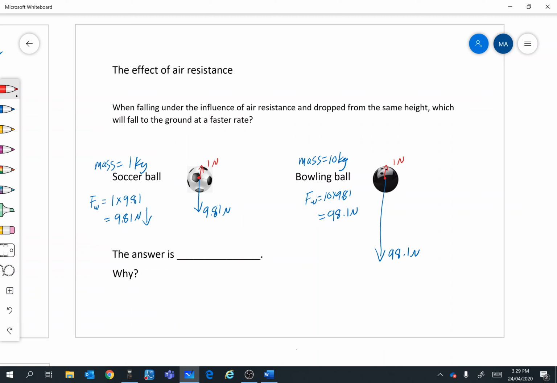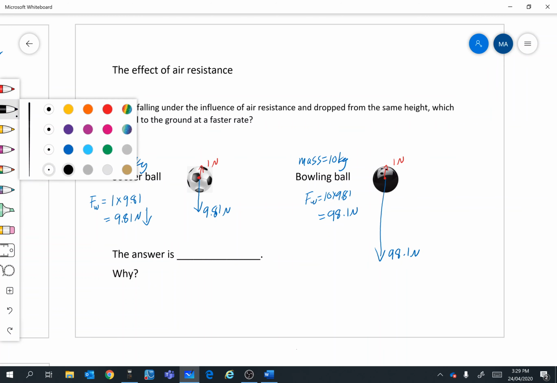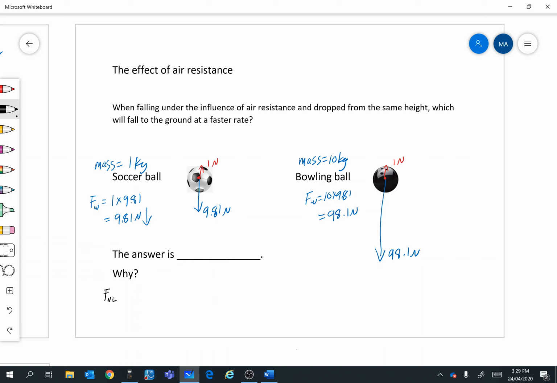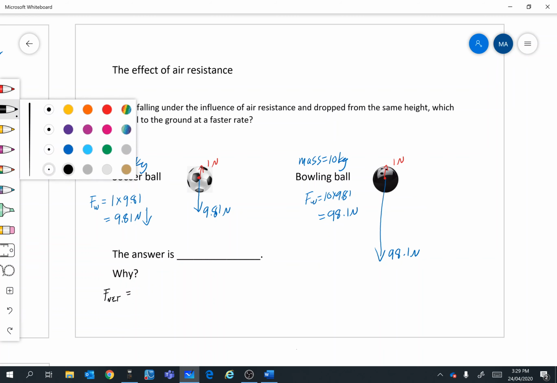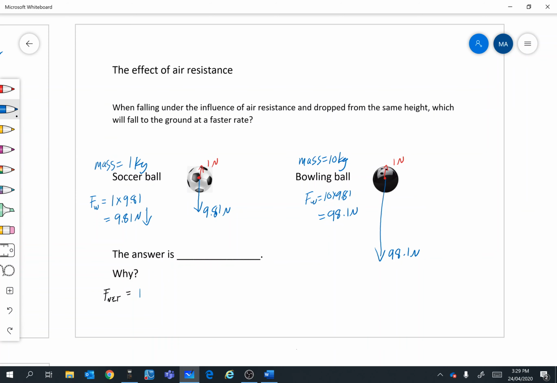Now what I want to do now is calculate the net force and hence the overall acceleration of these objects. So the net force for the soccer ball, now remember that's going to be made up of the weight force, Fw, and we add to that the air resistance.